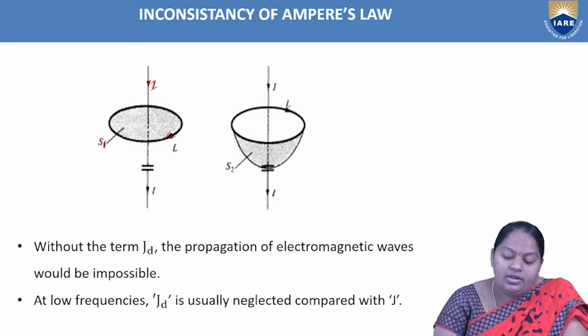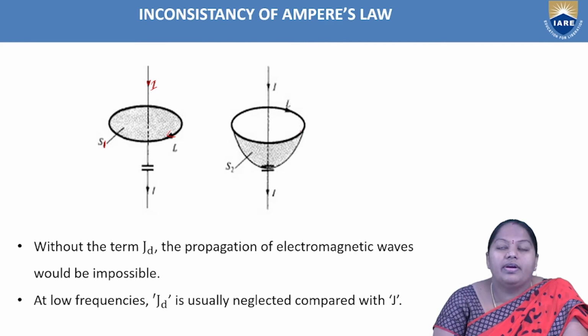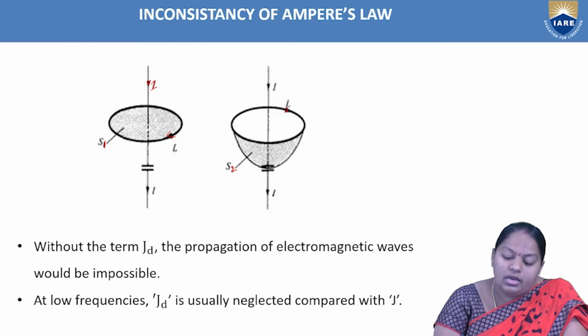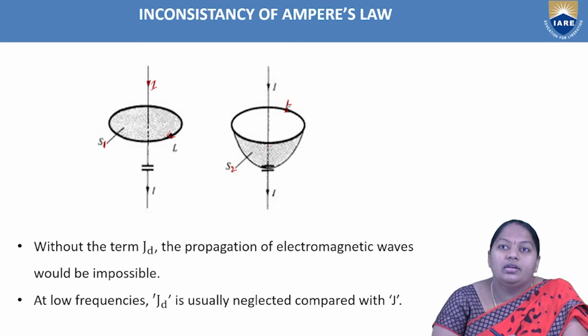And consider the other diagram, where the circle is divided into two semicircles, hence the surface is divided here. In the first case it is represented with S1 and in the second case it is given by S2. And throughout this path L, the current I is uniformly distributed.